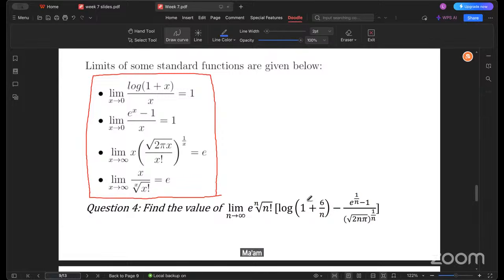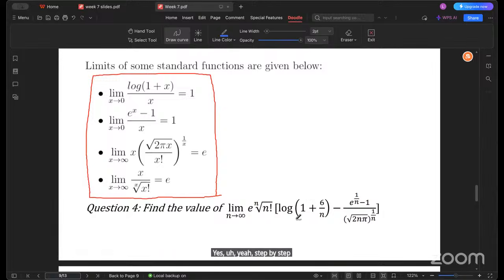Ma'am, we can multiply and divide by 6 by n. Once you divide by n, then what can you do? Ma'am, I think first we need to take the limit inside both the two terms. Yeah, step by step we'll do.